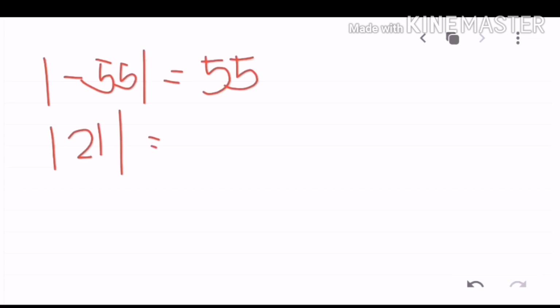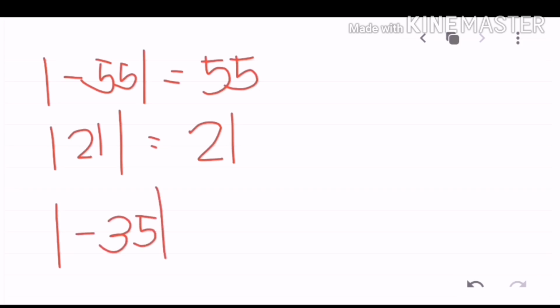The absolute value of positive 21 is simply 21. Lastly, the absolute value of negative 35 is just simply its positive form, which is 35.